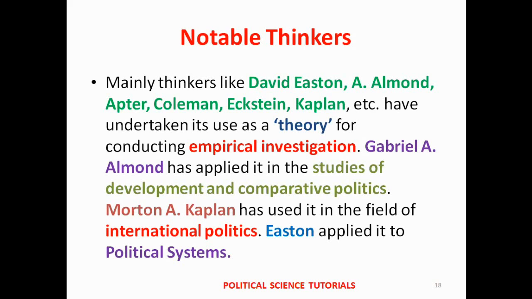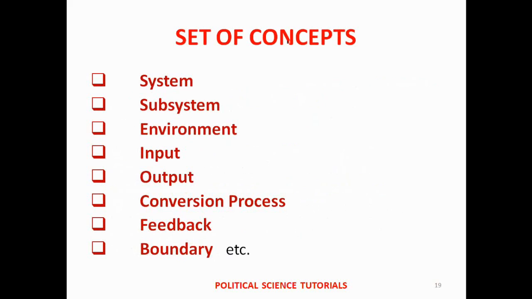Gabriel A. Almond has applied it in the studies of development and comparative politics. Morton A. Kaplan has used it in the field of international politics. Easton applied it to political systems.